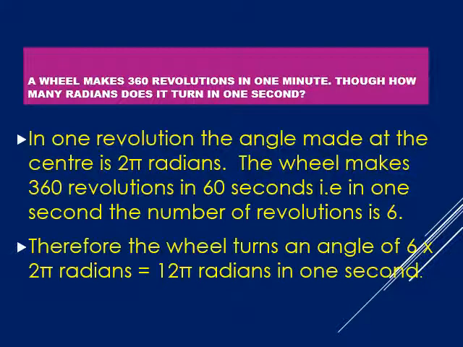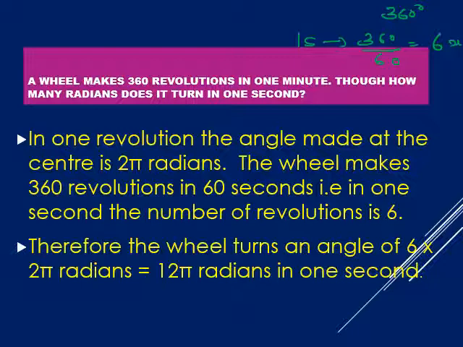Now, a wheel makes 360 revolutions in 1 minute. Through how many radians does it turn in 1 second? In one revolution, the total is 360 degree. In 1 minute 360 revolutions, so in 1 second how many revolutions? 360 by 60 is 6 revolutions in 1 second.